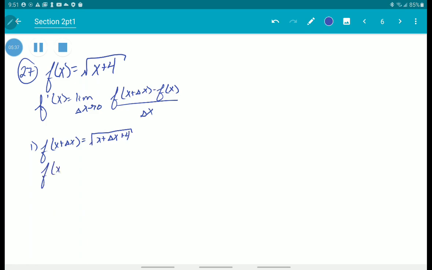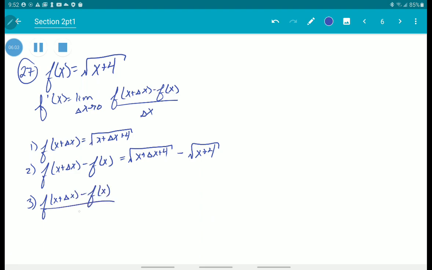Step 2, find the numerator of the fraction. Step 3, this is the slope of the secant line.